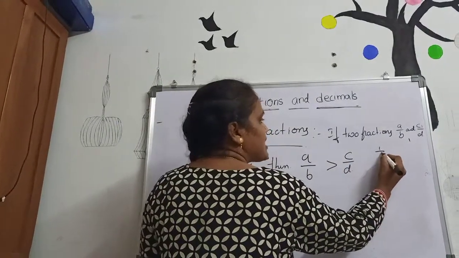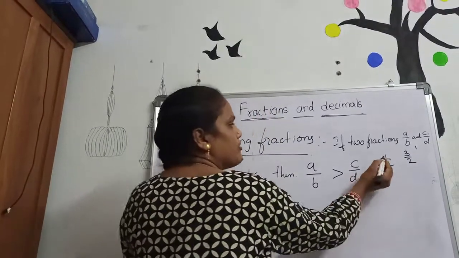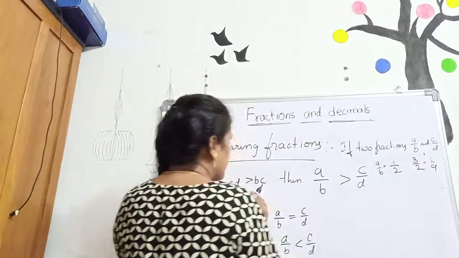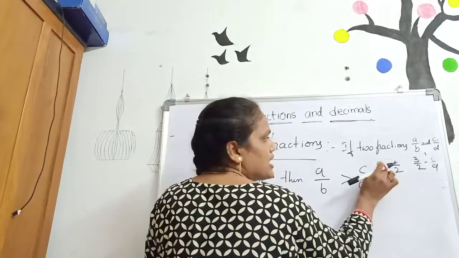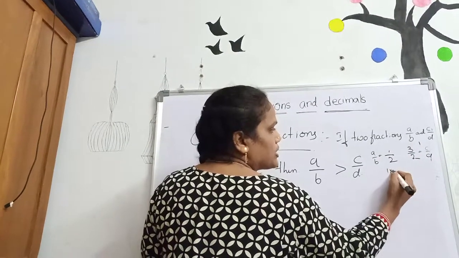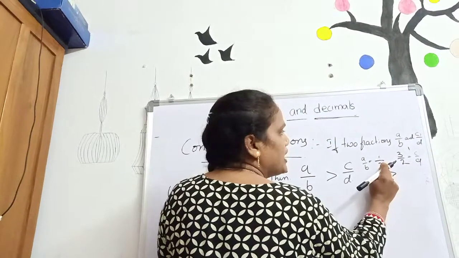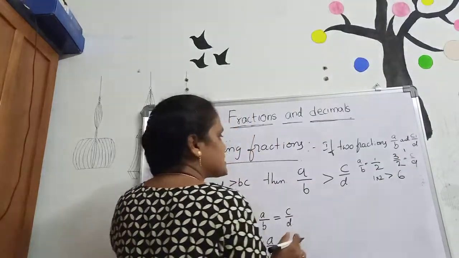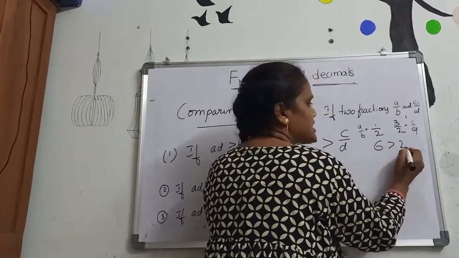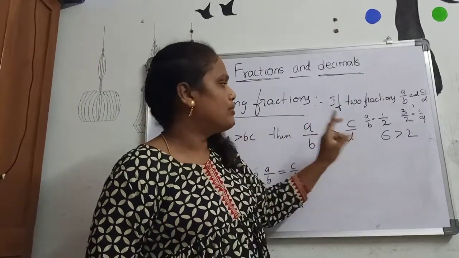If two fractions are a by b and c by d, then A into D means A with the opposite denominator D, compared with B into C. If AD is greater than BC, then a by b is greater than c by d.